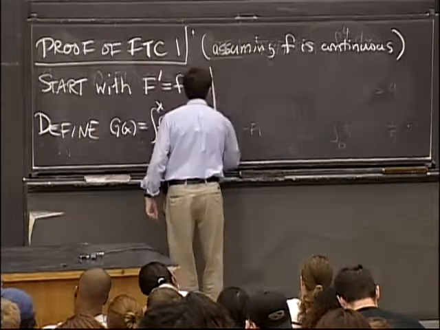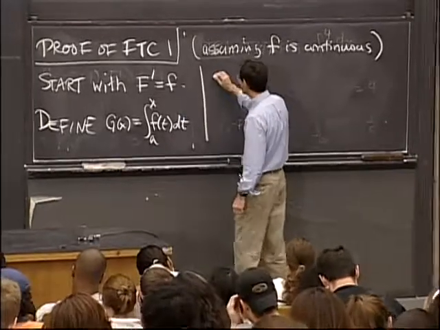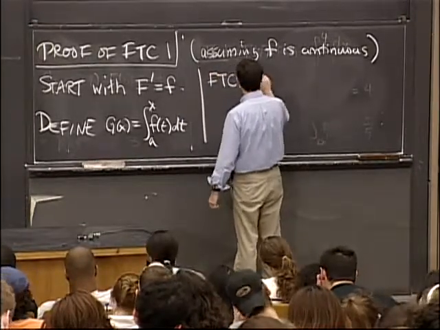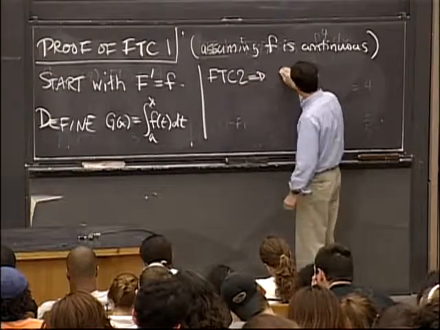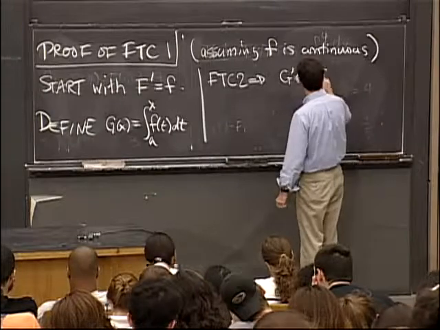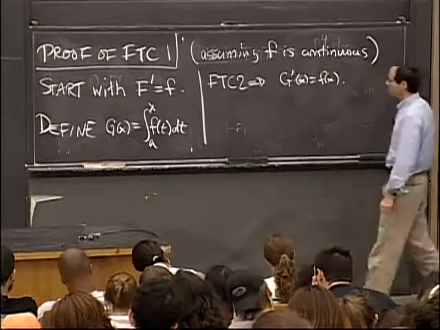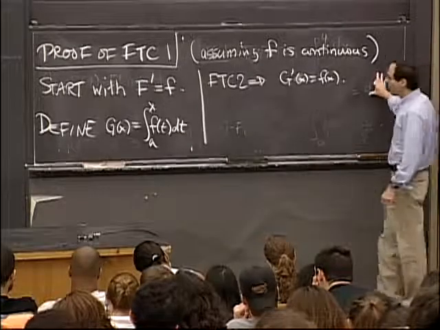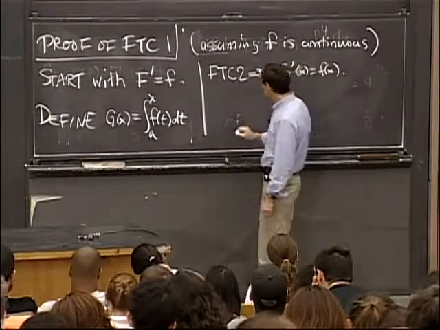Now we're going to apply this fundamental theorem of calculus 2, the one that we've already checked. So what does it say? It says that g prime is equal to f. And so now we're in the following situation.